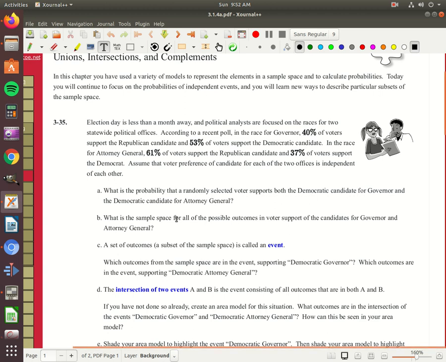But anyway, moving on. It says, what's the probability that a randomly selected voter supports both the Democratic candidate for governor and the Democratic candidate for Attorney General? Well, I would say that you have to multiply the 53%, the 53% of people who want the Democratic governor, by the 37% of people that want the Democratic Attorney General.